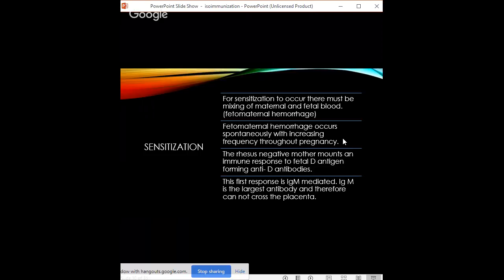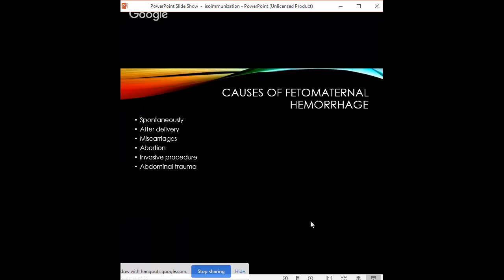There's also the fact that for the first exposure, it takes up to about 6 months for the body to mount an adequate immune response. And here we have some causes of fetal maternal hemorrhage, which can occur spontaneously, as we discussed before, and after delivery.